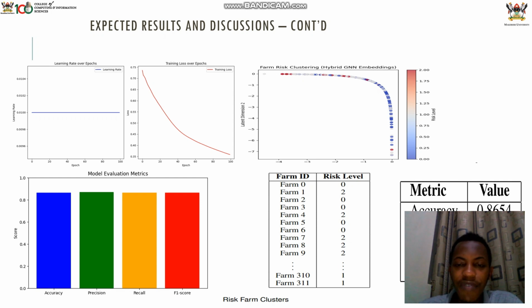It categorizes the farms under 3 clusters: 0 will represent low risk, 1 will represent medium or moderate risk, then 2 will represent high risk. According to what you see here, this model also performed well with an accuracy of 86.54, which is not bad.